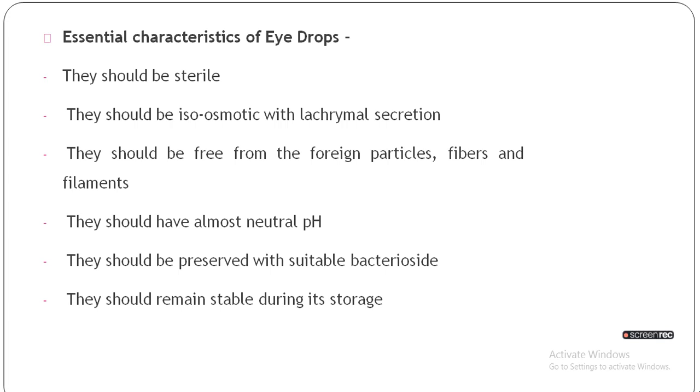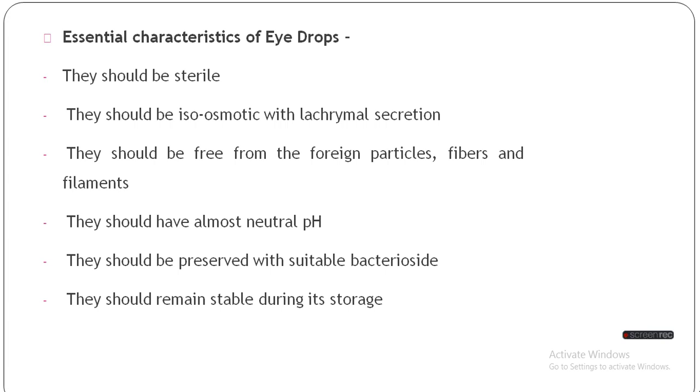These are some characteristics that are essential for eye drops: they should be sterile, they should be isoosmotic with lacrimal secretions, they should be free from foreign particles, fibers and filaments, and they should have almost neutral pH. They should contain suitable bactericides and they should remain stable during storage. These are the essential characteristics of eye drops. Number one, it should be sterile.